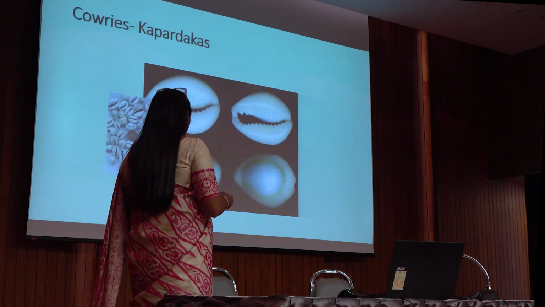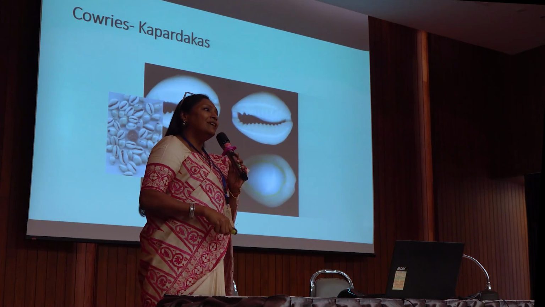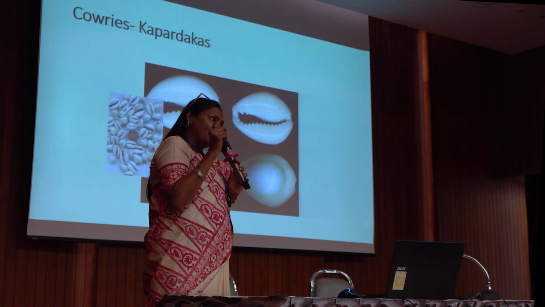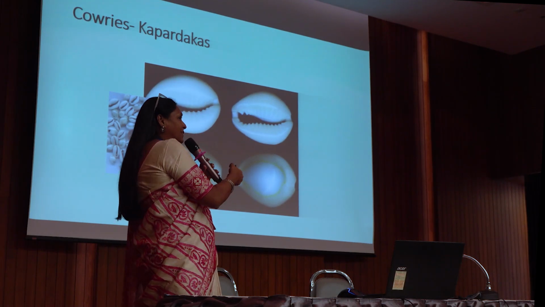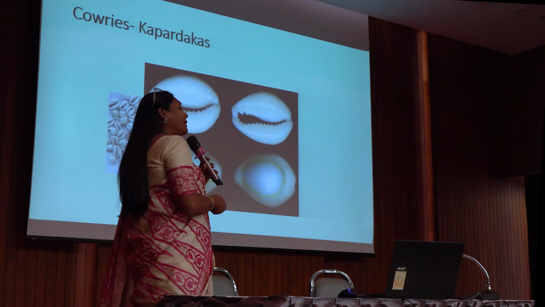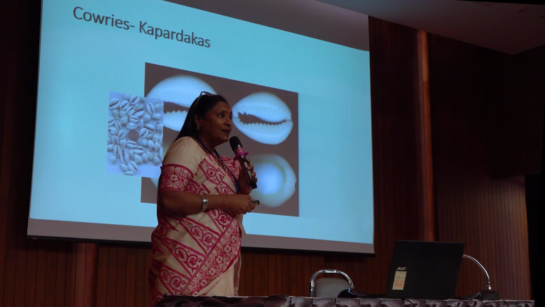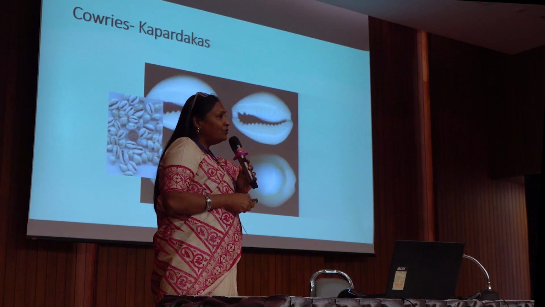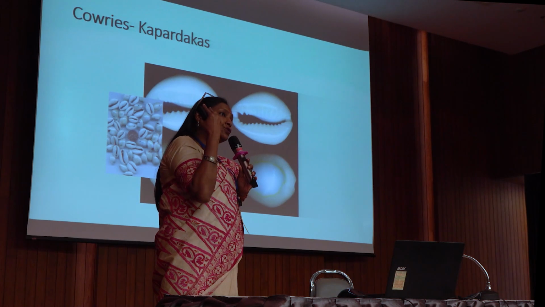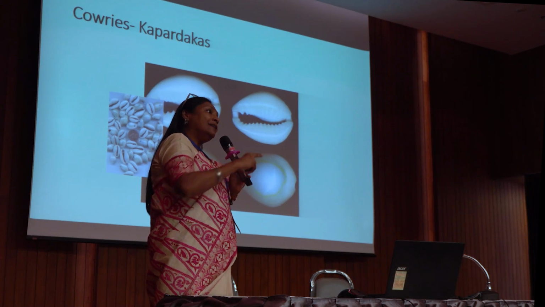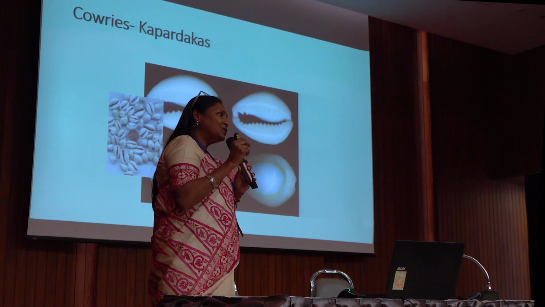So what are actually the cowrie shells? Let me talk about them. This is what we call a cowrie shell. A cowrie shell is a small gastropod when it's a living object, and there are 200 varieties of cowrie shells. Out of these 200 varieties, only 2 are used as money.